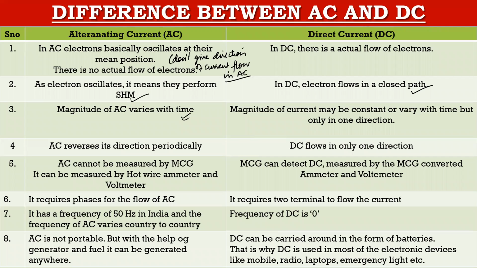Magnitude of AC varies with time, you have seen it. The magnitude of the current may be constant or varying with time, but only in one direction. AC reverses its direction periodically, DC flows only in one direction.